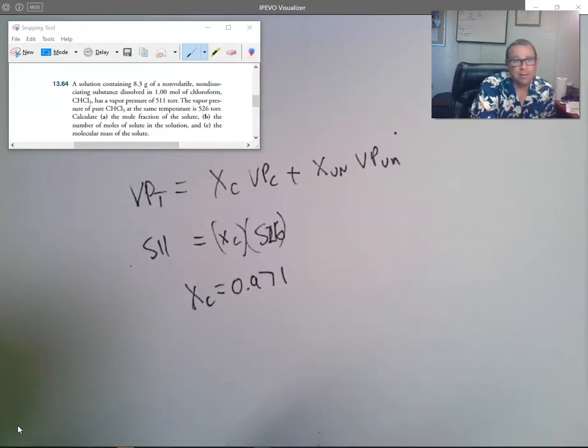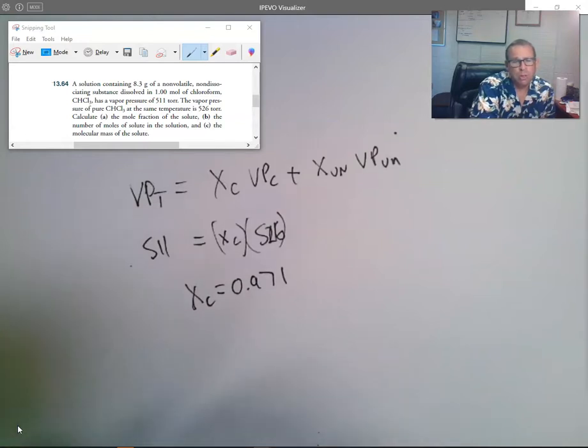That tells us that the mole fraction of the other species is 1 minus the 0.971. And there's 8.3 grams of the non-volatile material in there, and there's 1 mole of chloroform.